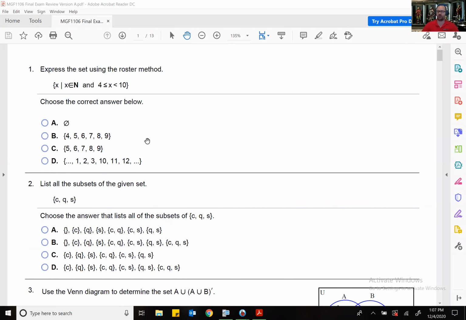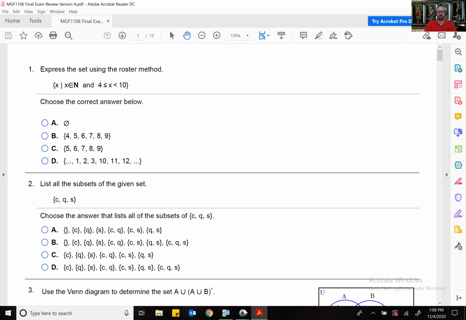So we got this first question, and it wants to know the roster of the following set. So we got our brace, X such that X, we got this symbol that looks like a giant E, and then this boldface N symbol, and then a compound inequality of 4 less than or equal to X less than 10, and then our brace.